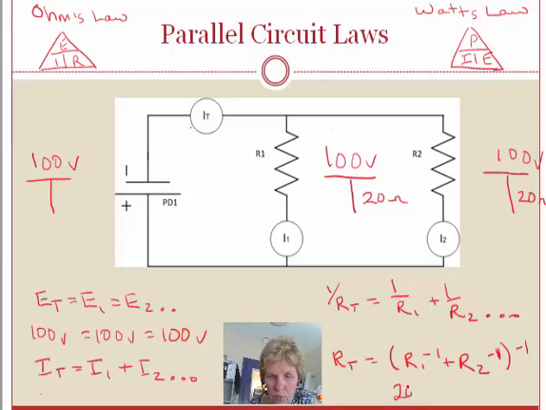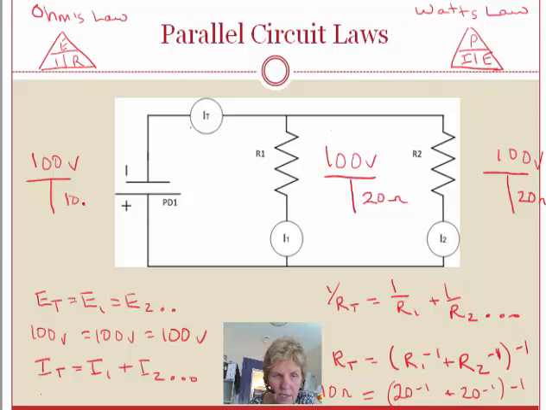If I take my 20 ohms to the negative 1 plus another 20 ohms from R2 to the negative 1, close those brackets, and go negative 1, I punch that into my calculator, I will end up with 10 ohms as my R total.